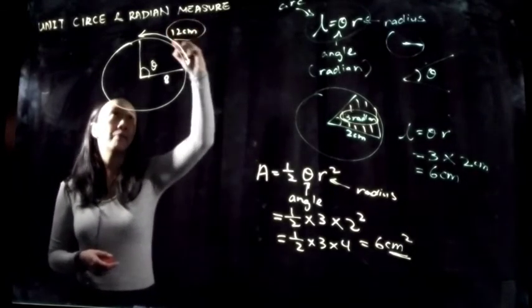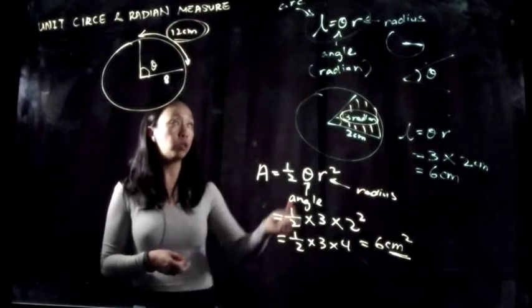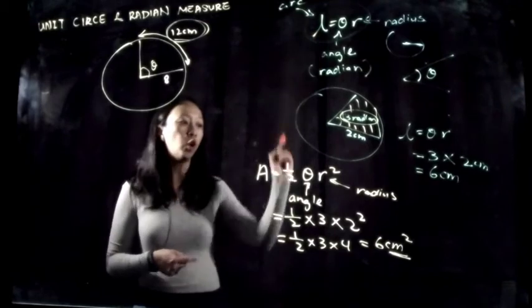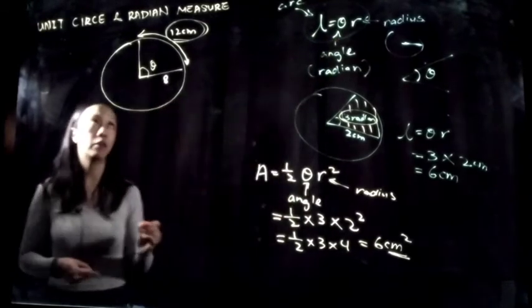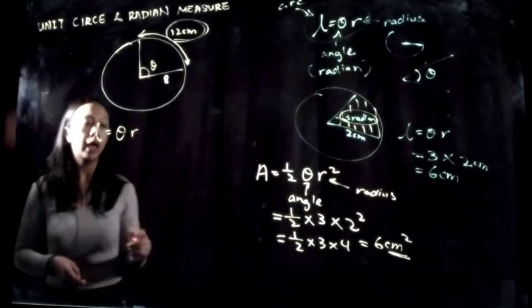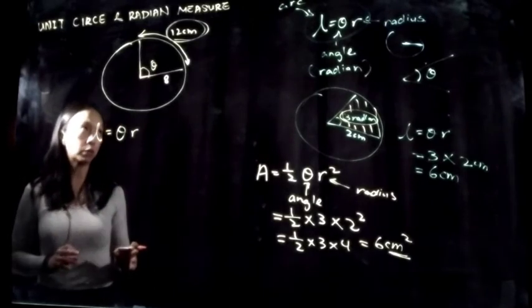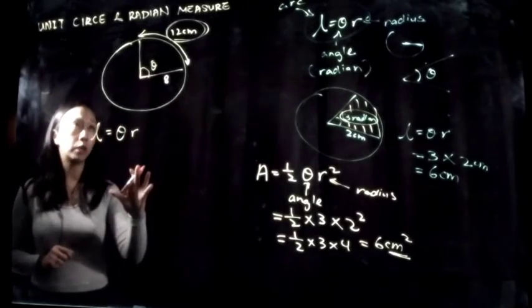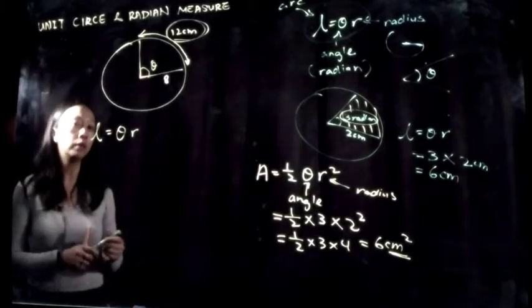This is an arc length. There are only 2 formulas to be used, either the arc length or the area. So in this case, we use the arc length formula, which is L equals theta r. It's okay if you don't understand how to fit everything in the first place. You just copy down the formula and see which one could fit into this equation.